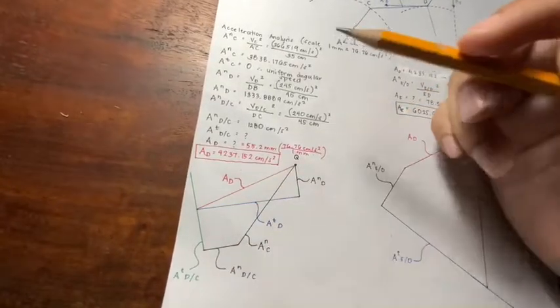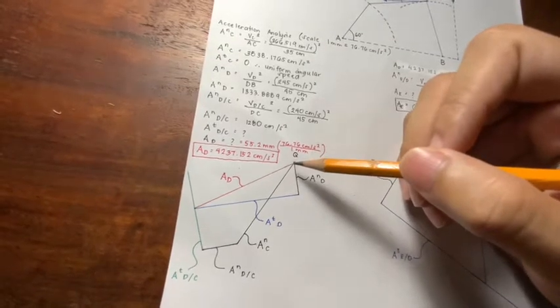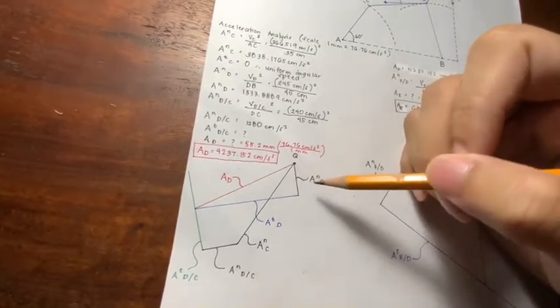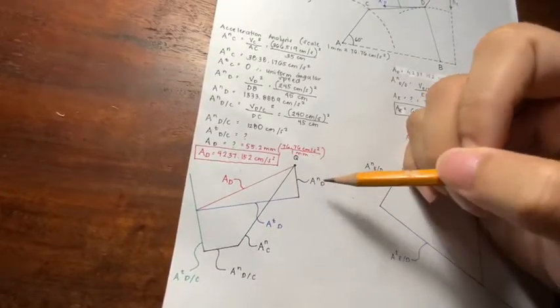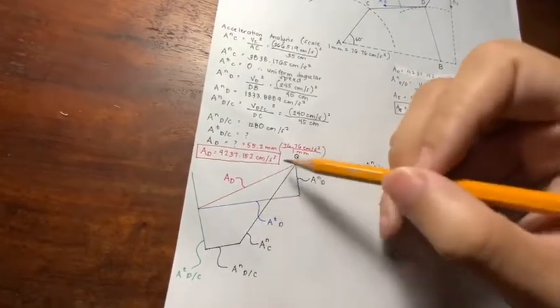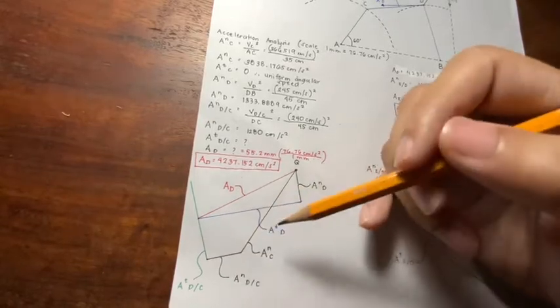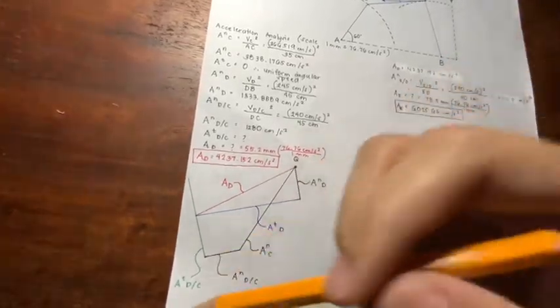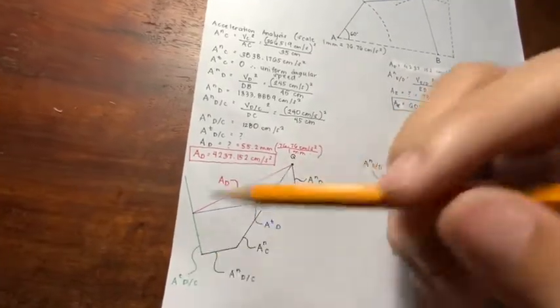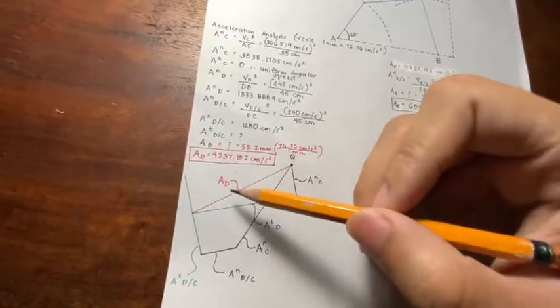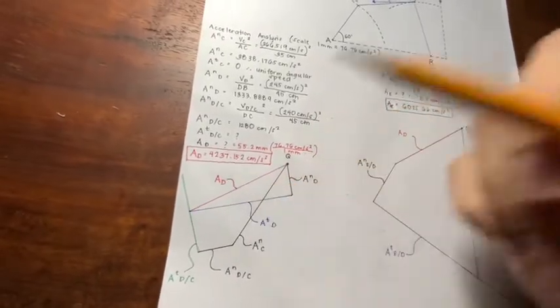And from there, we will connect our point Q, the end of our normal acceleration of point D, towards the intersection of the tangential acceleration of D and the tangential acceleration of DC. And then we will have the total acceleration at point D.